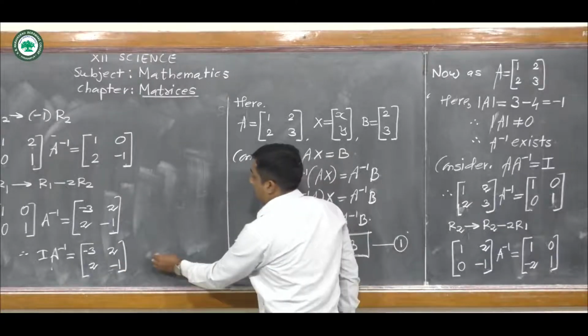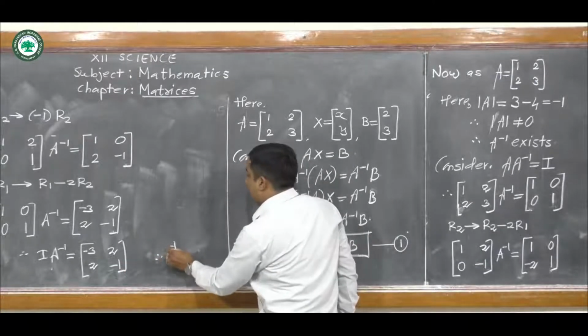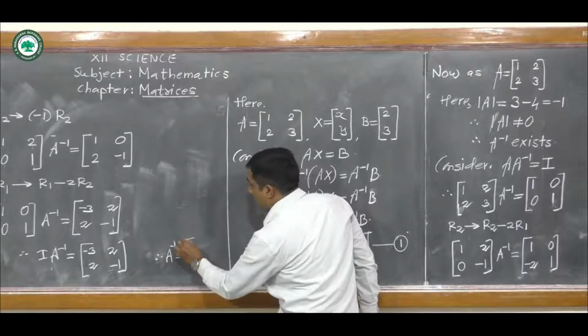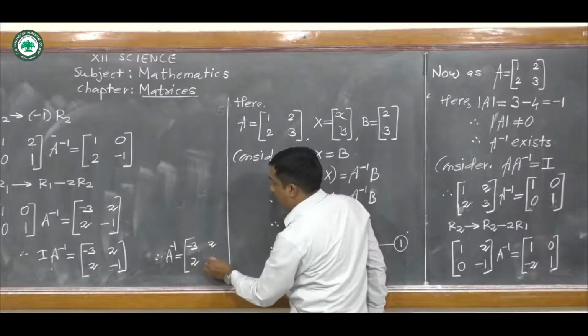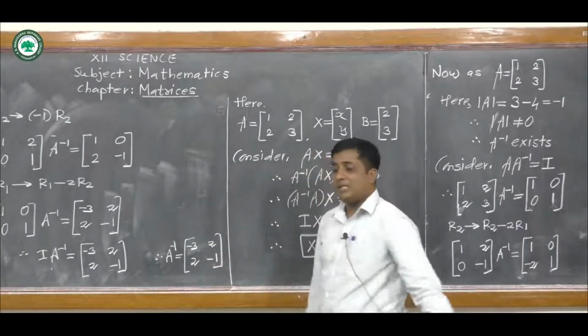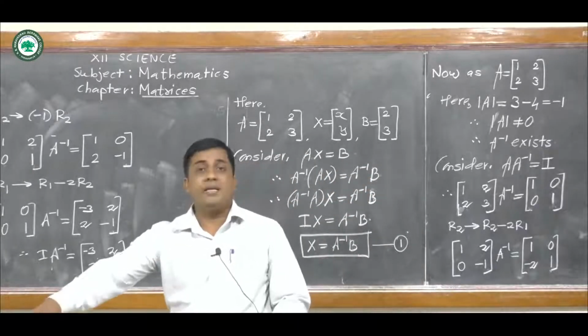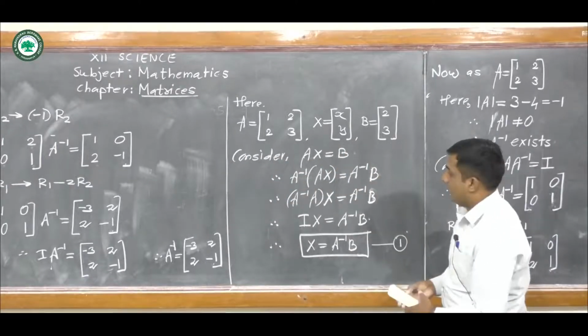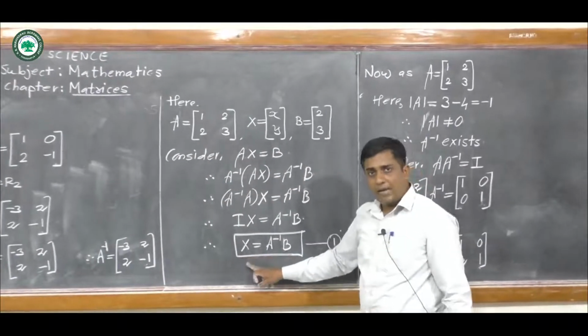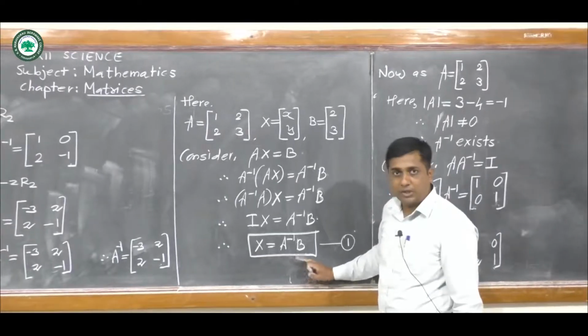Okay, and lastly we get A inverse, and here A inverse is equal to the matrix minus 3, 2, 2, minus 1. And by using this inverse we find the values of the variables x and y. Okay, so to find the values of the variables we consider this first equation.